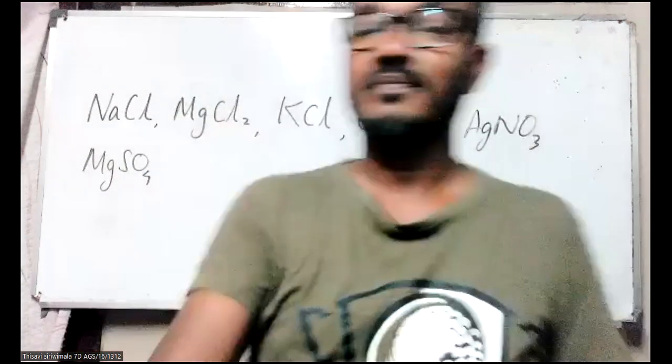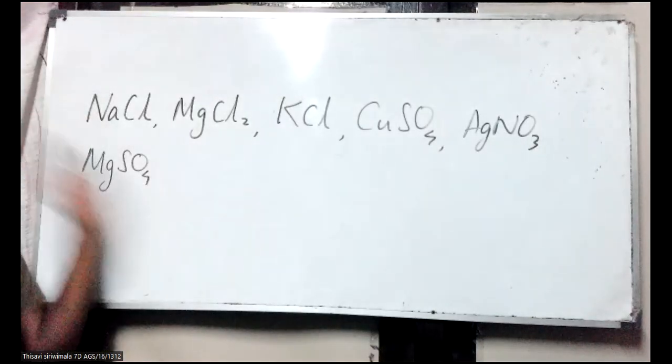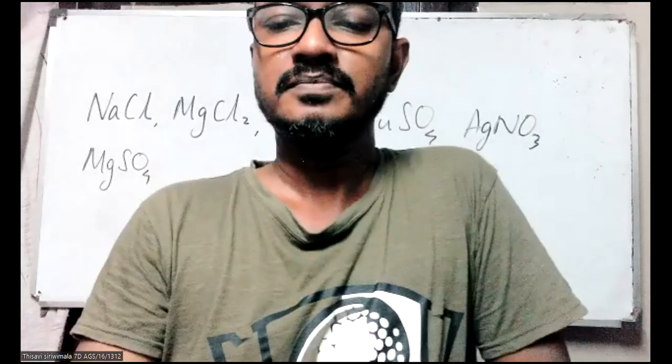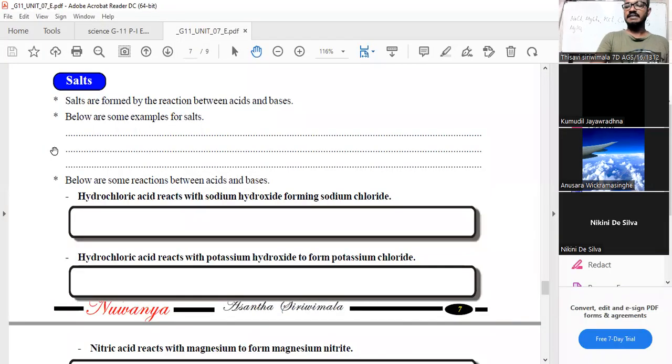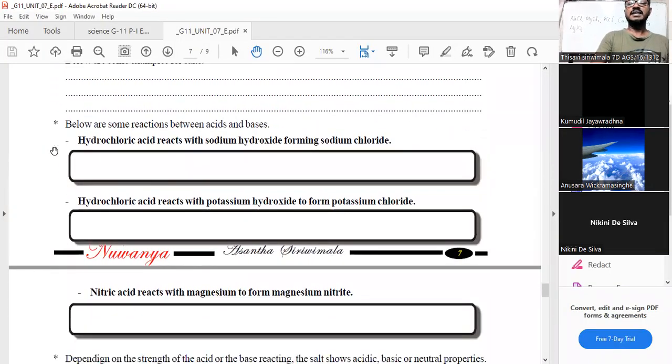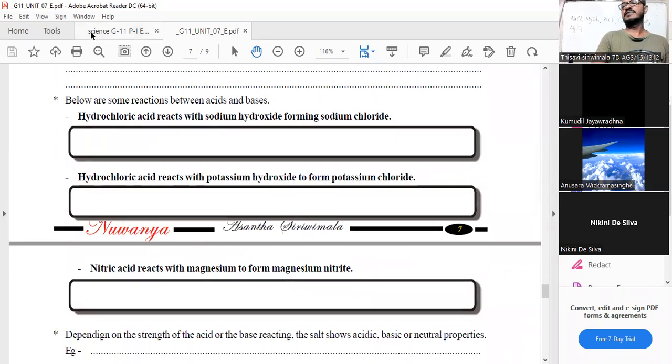හරි හොඳයි මම හිතන්නේ මේ examples ටික ලියන්න ඇති. So these are some examples for salts, right? Then below are some reactions between acids and bases. Now these are three examples of formation of different types of salts.